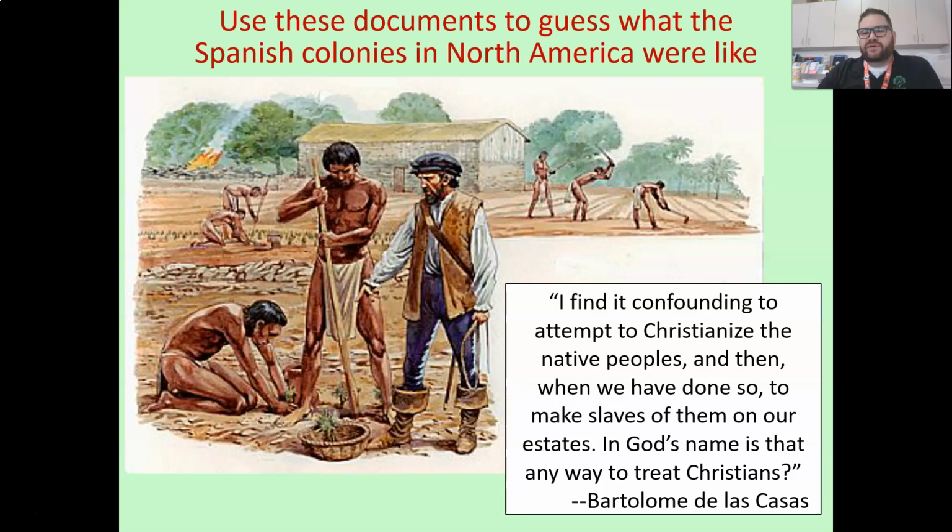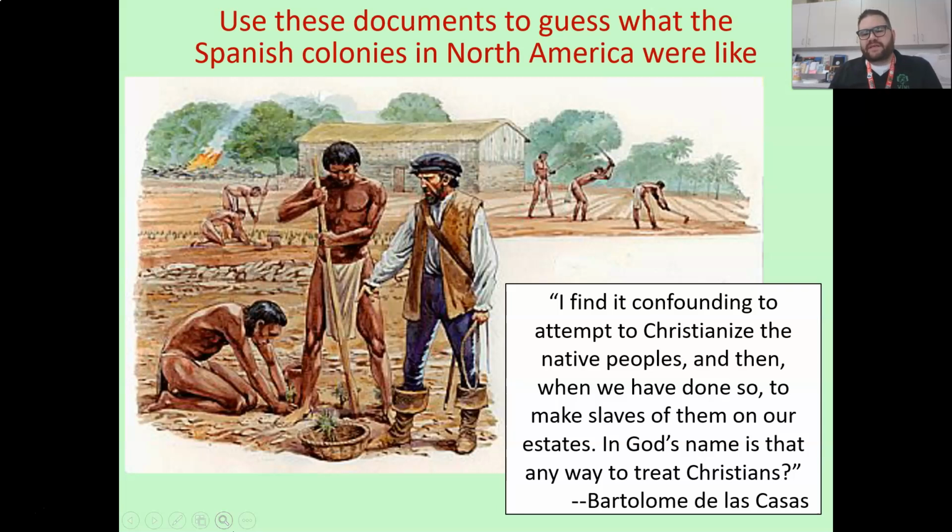So what I want us to do is to kind of look at this excerpt and also this artwork to kind of guess what the Spanish colonies in North America were like. And I'll read you this. This is a quote from Bartolomé de las Casas, and he says, quote, "I find it confounding to attempt to Christianize the native peoples, and then, when we have done so, to make slaves of them on our estates. In God's name, is that any way to treat Christians?"